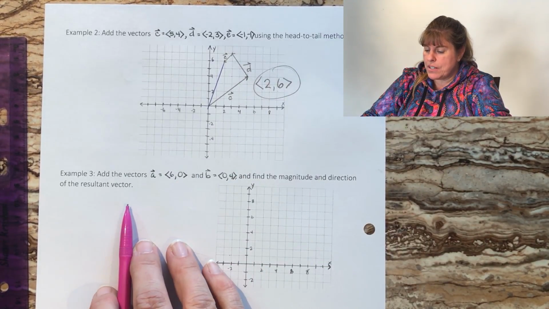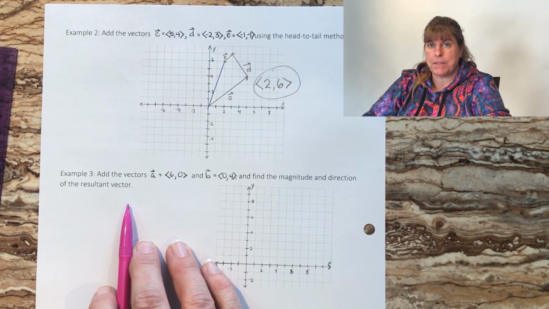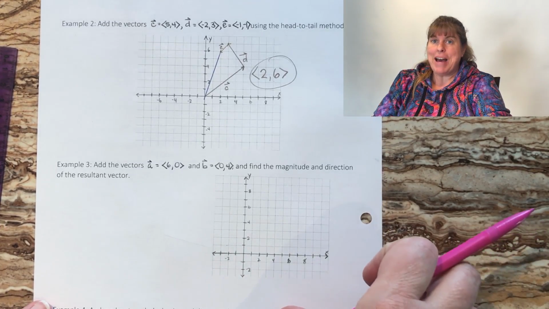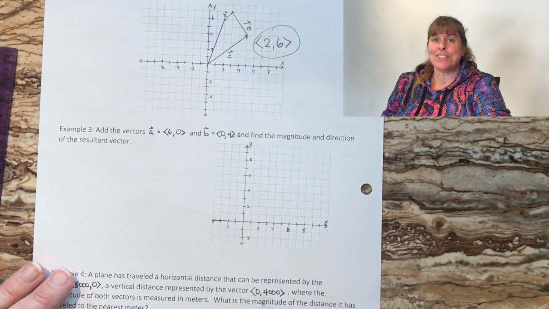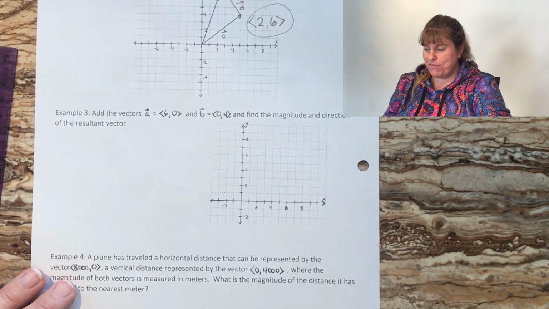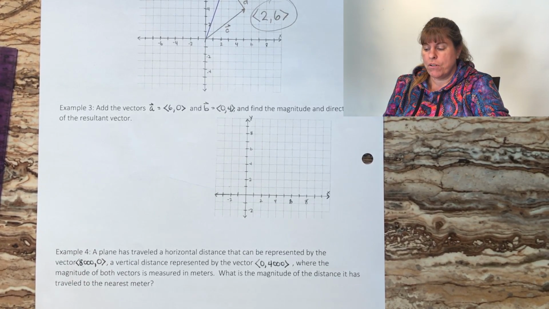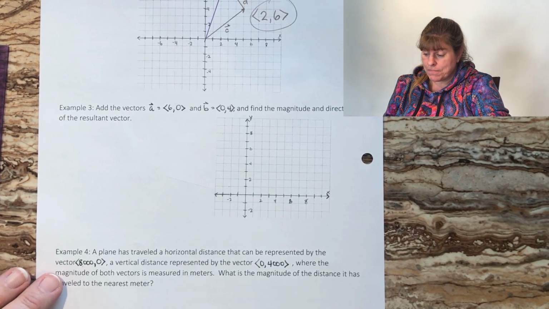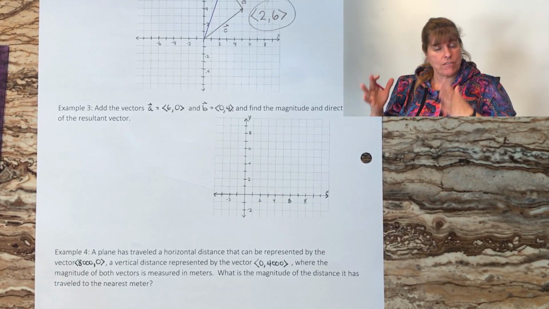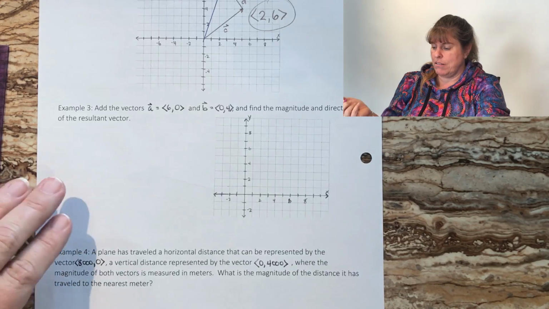Okay, and this final one is going to be using the Pythagorean theorem because we need to find the magnitude. And we also need the direction. So we have two different things that are going to happen, and we will be using a calculator for our sine, cosine, tangent. And so we're taking all sorts of information and putting it together.